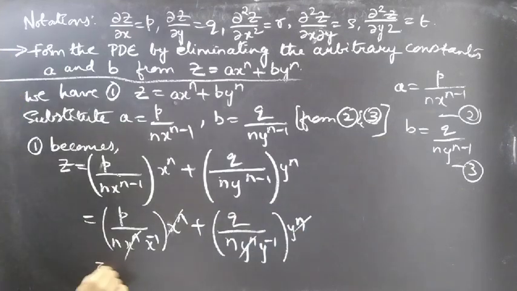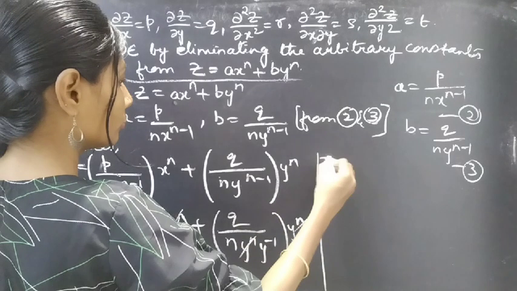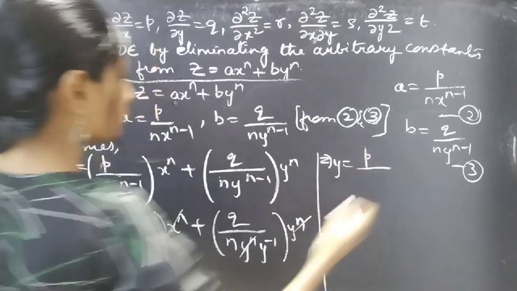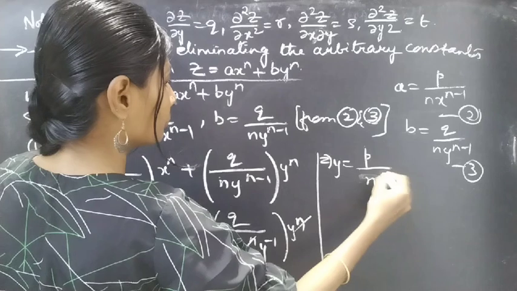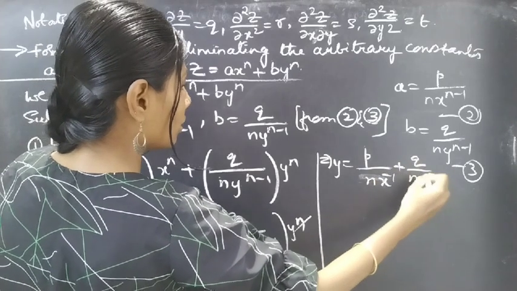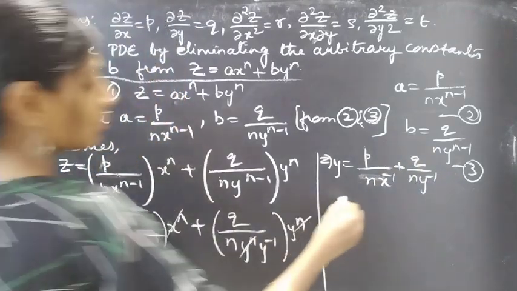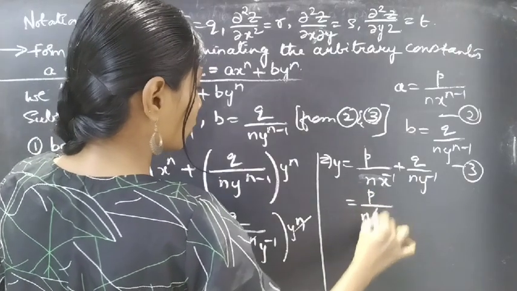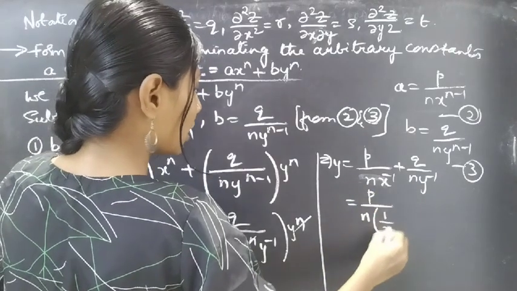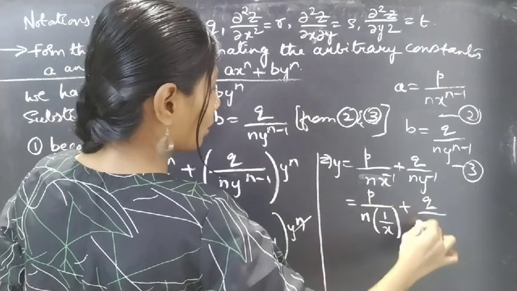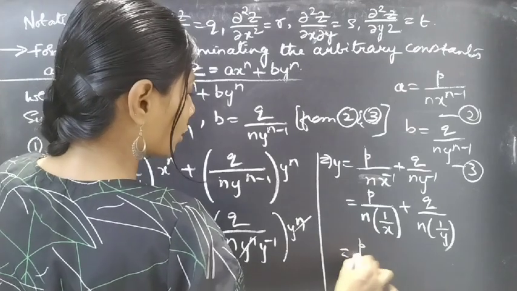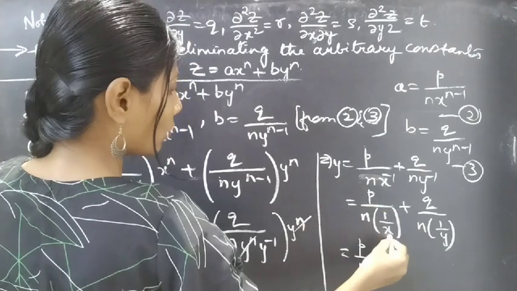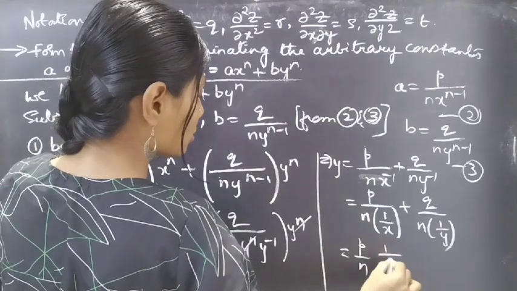This gives us p by n into x inverse plus q by n into y inverse, right, which equals p by n into, we can write x inverse as 1 by x, plus q by n into, write y inverse as 1 by y, right? Now this gives us p by n into 1 by n is x, right? Or you can just write one more step.